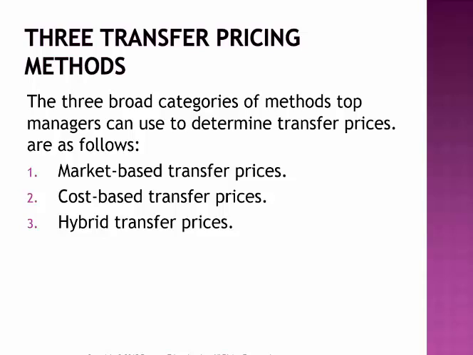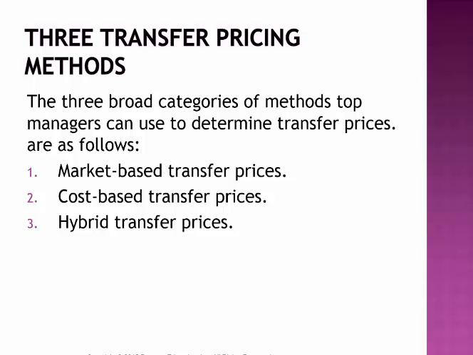With our cost-based transfer prices, this can be used based on the cost of producing the product in question. Just like we've seen in some earlier chapters, recall how we said, all right, when we're going to set the prices for our customers, are we going to consider variable cost only? Are we going to use all cost of production?